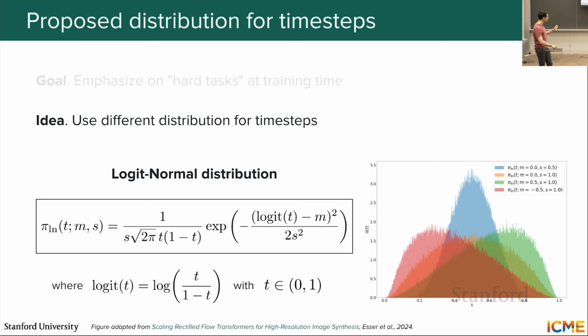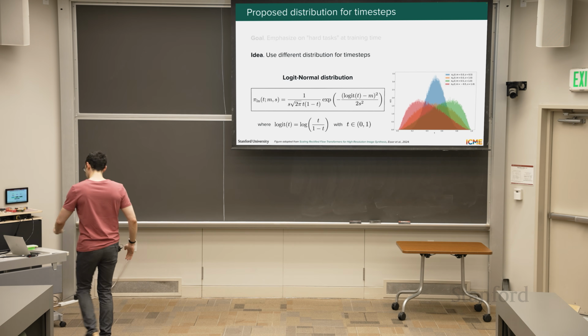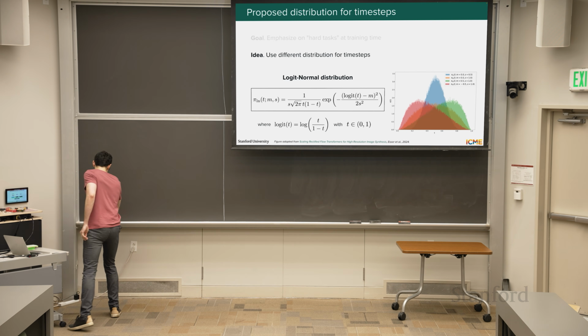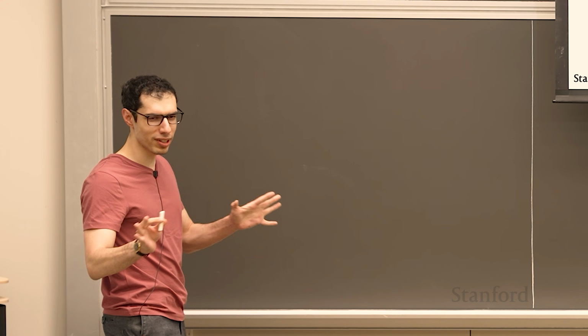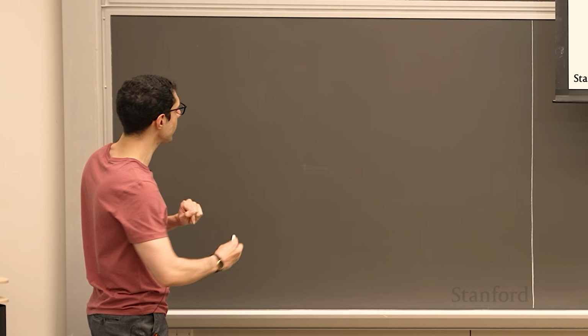And the distribution that people in general use typically is called the Logit normal distribution. So the formula on the slide may look scary, but it's actually quite simple. First of all, I'm going to define what Logit means.